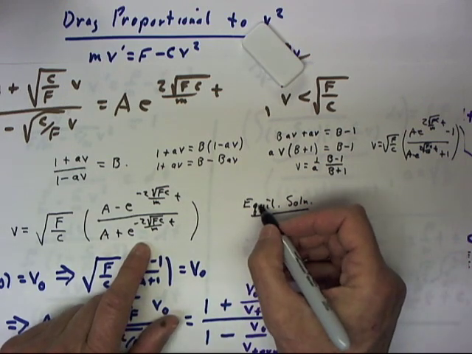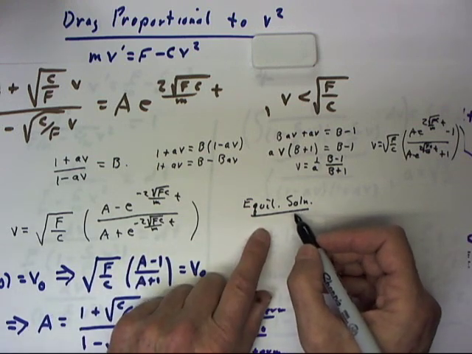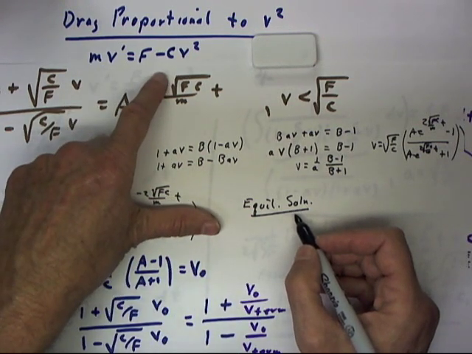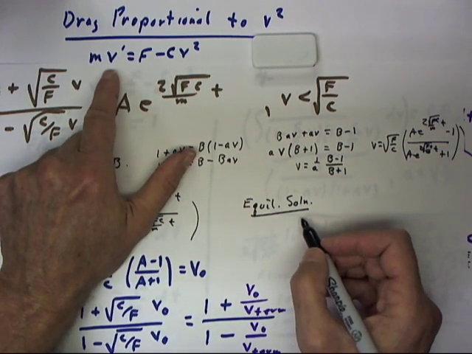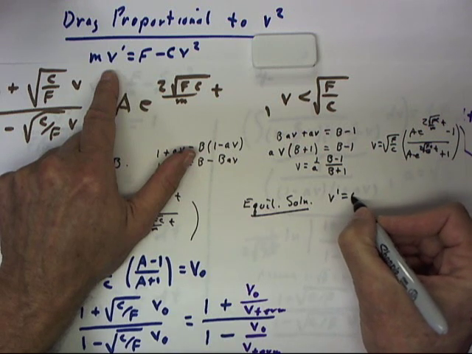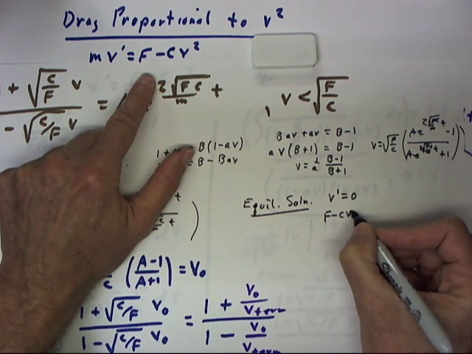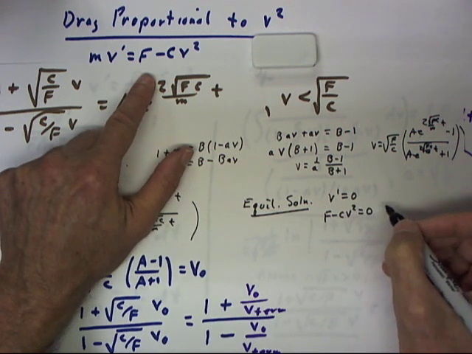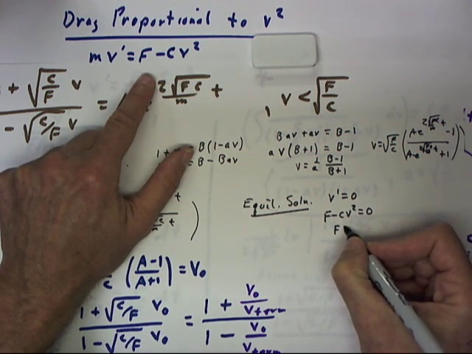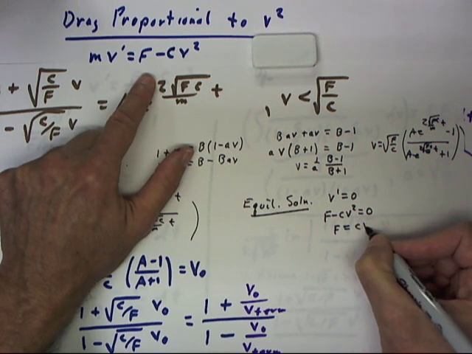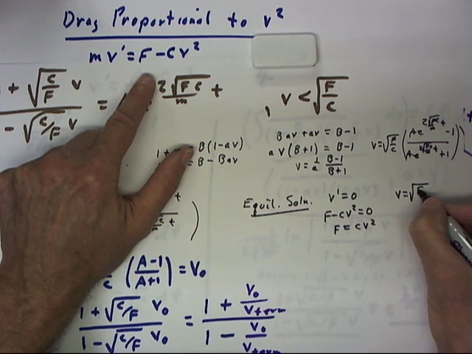Now, let's go back for just a minute and consider the equilibrium solution of this equation. What's going to be necessary for equilibrium? Well, clearly this equation is going to be in equilibrium when v' = 0, which is going to occur when F - cv² = 0, and that occurs when F = cv², which occurs when v = √(F/c).